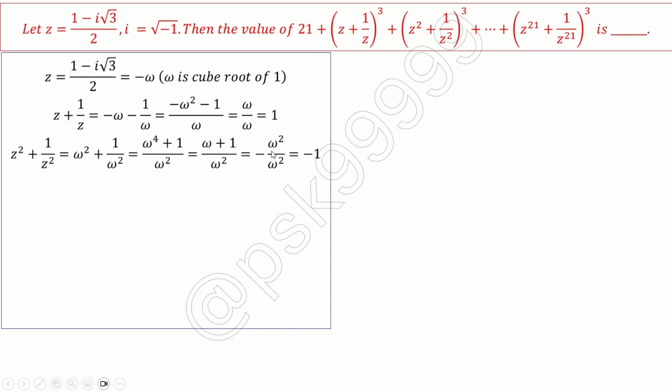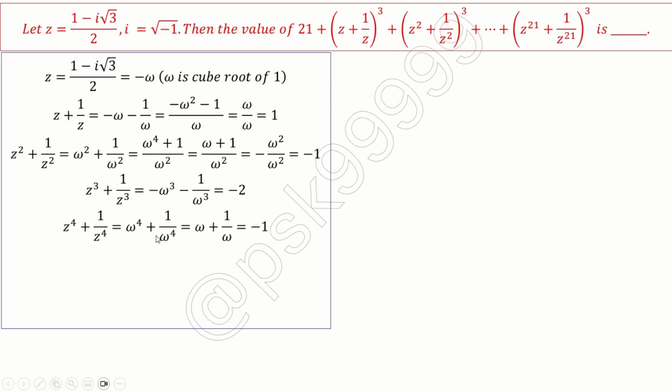Omega plus 1 is nothing but minus omega square, because 1 plus omega plus omega square equal to 0. So minus omega square by omega square is nothing but minus 1. This is z square plus 1 by z square. Similarly, z cube plus 1 by z cube is nothing but minus omega cube minus 1 by omega cube, which is minus 1, minus 1, which is minus 2.